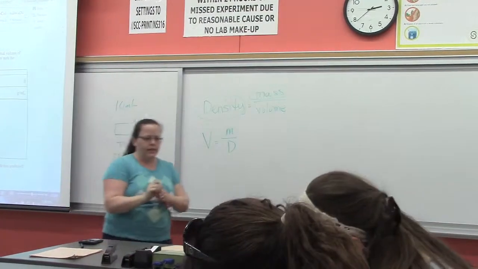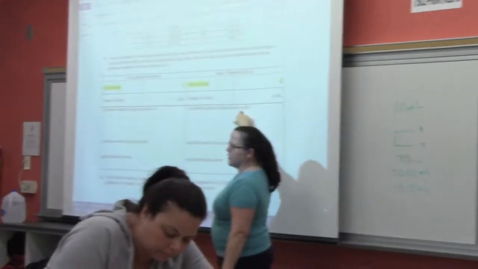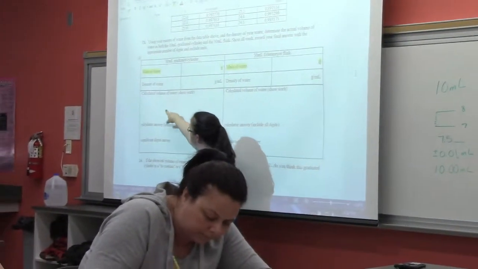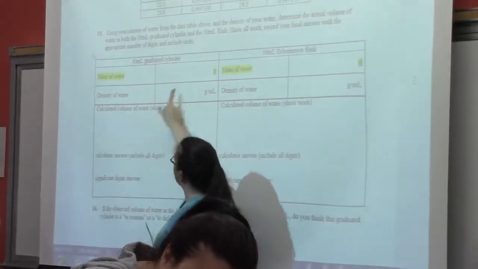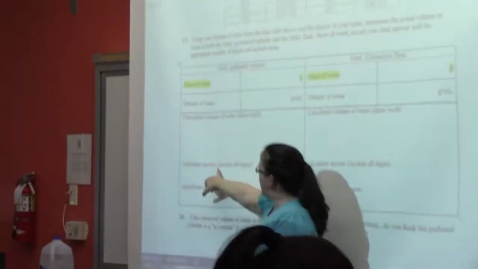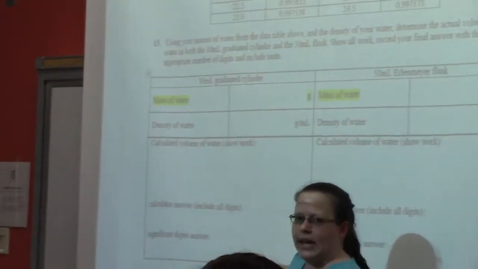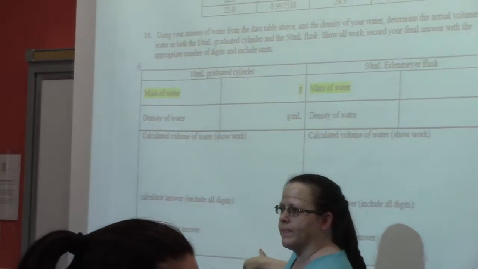Okay? So in the table here, where it says calculated volume of water, show your work. Volume equals mass divided by density. Take the mass of your water, divide by the density of your water, and then it says calculator answer including all digits, and then the significant digits answer rounded appropriately.